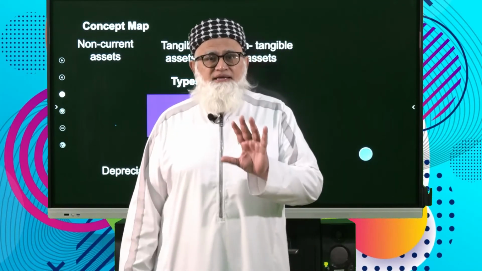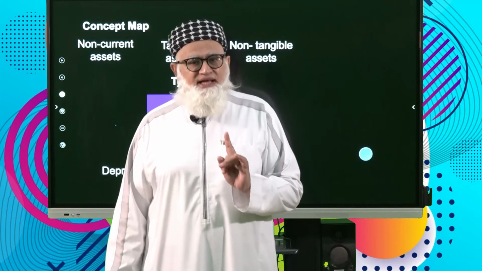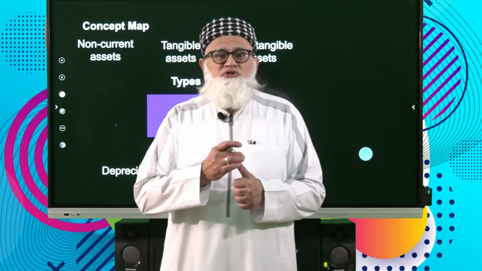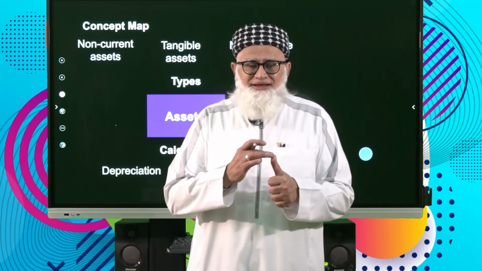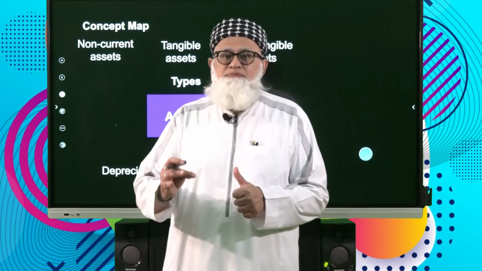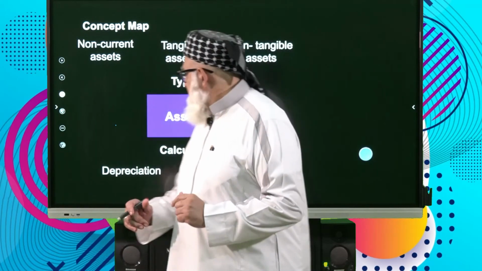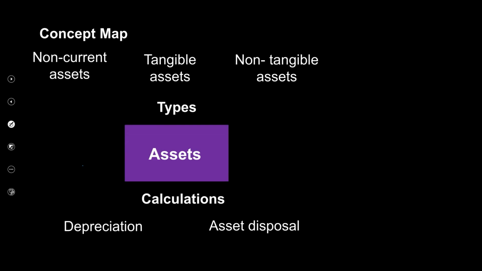Remember, again, a recap: when you are dealing with asset disposal, important considerations. One, the method of depreciation. Are we using the cost price method of depreciation, or are we using the diminishing balance method of depreciation? Remember the two methods of depreciation.